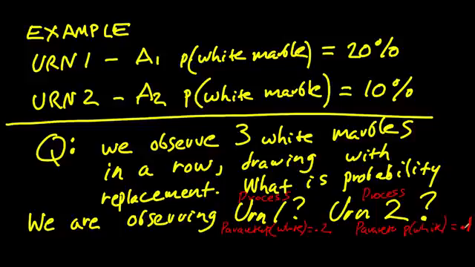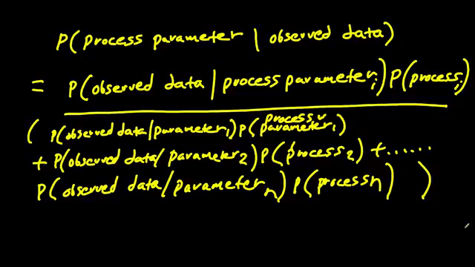That would be a conventional probability problem. In this problem, we are starting with the known outcome, and we're interested in how probable is it that we observed urn 1 or urn 2. Okay, an unknown process.